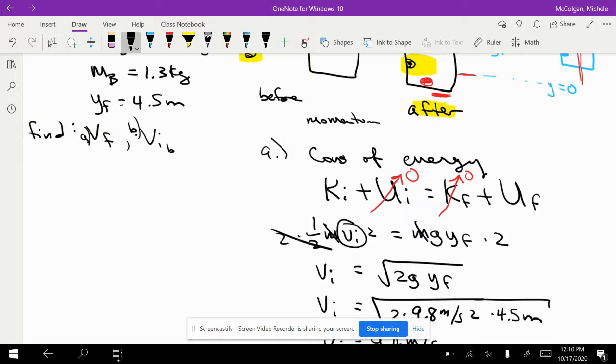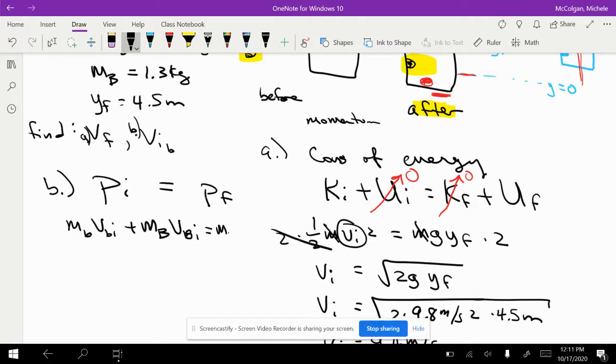So for momentum, starting on B, I have momentum initial is equal to momentum final. And so I have the mass of the bullet times the velocity of the bullet initial, plus the mass of the block times the velocity of the block initial, is equal to the mass of the bullet plus the mass of the block times v final. The block starting out is 0.